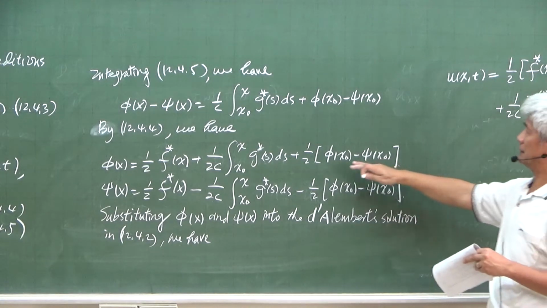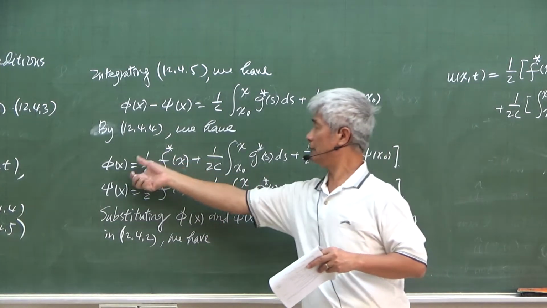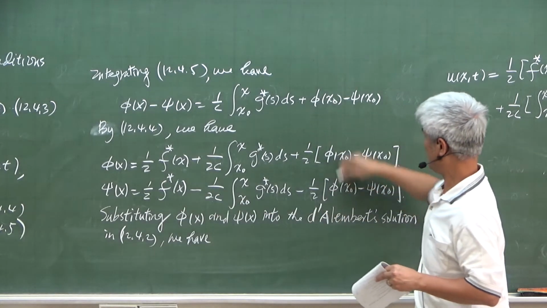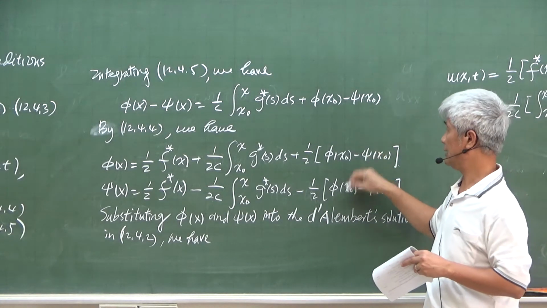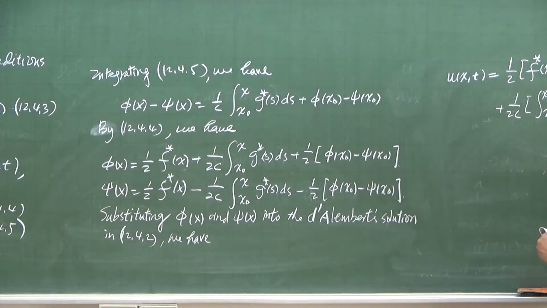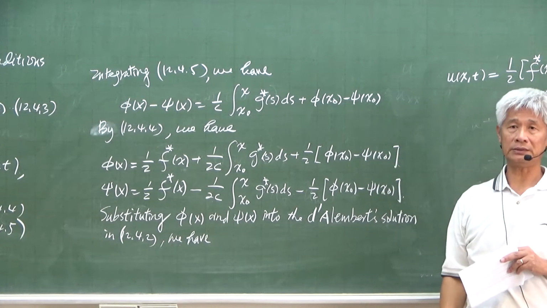It's a constant, but when you add together, these two constants cancel, right? They cancel. So now you have minus, so here is x minus ct, x0, g star x dx, because the constants cancel with each other.